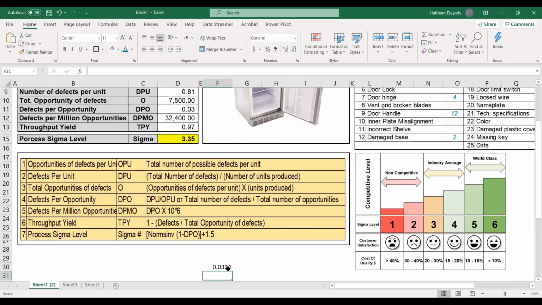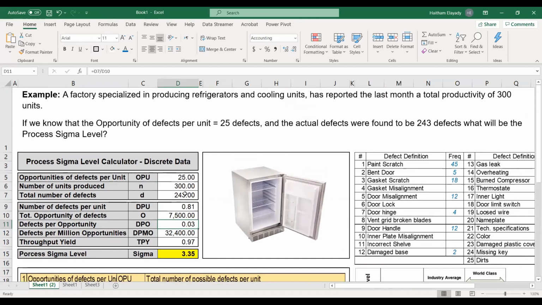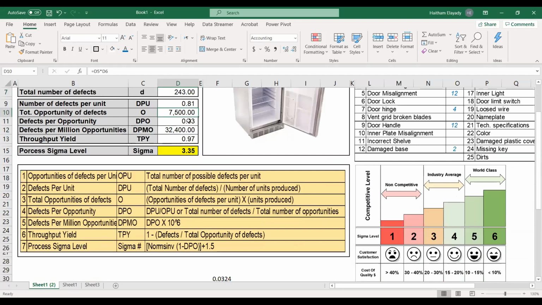It's giving me 0.0324, which is the same result that we have here. And actually, it can even be calculated by dividing the total number of defects, 243, by the total number of opportunities, 7,500. It should give you the same result, 0.03.